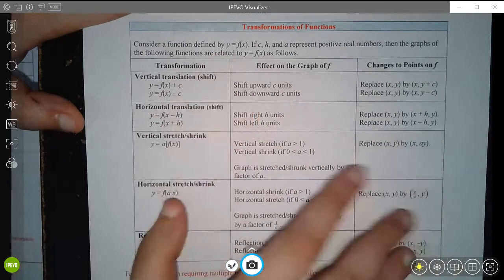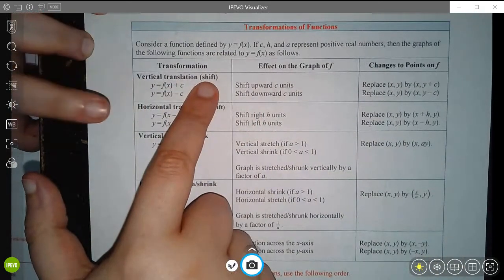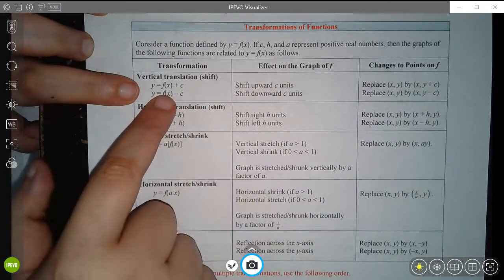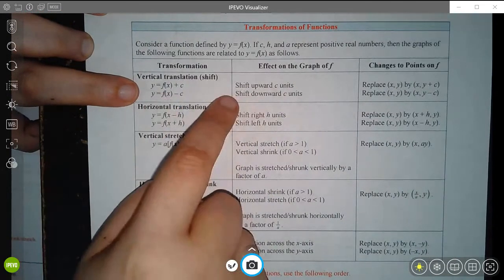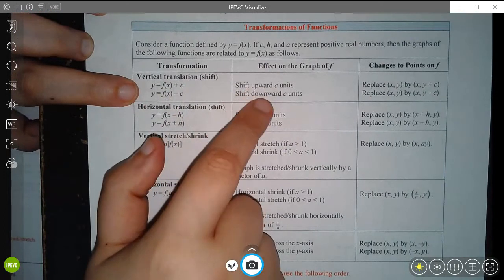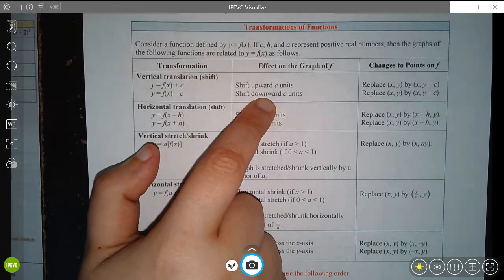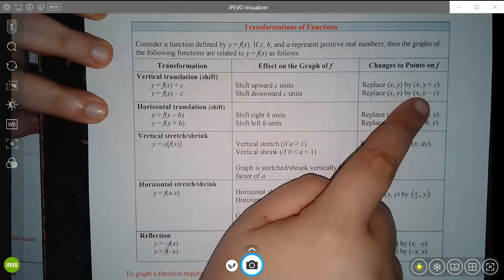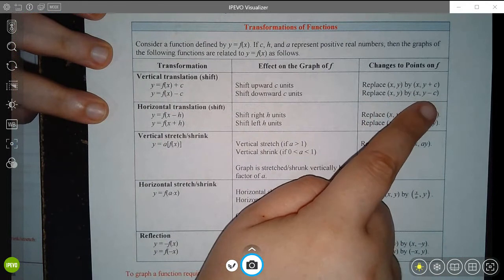Everything. Vertical translation, or shift, you call it shift. You're adding or subtracting a number outside the function. And the function is going to go up or down. So if it's plus, it's up. If it's subtraction, it's down. And to the point, you're basically just adding and subtracting to the value of y.